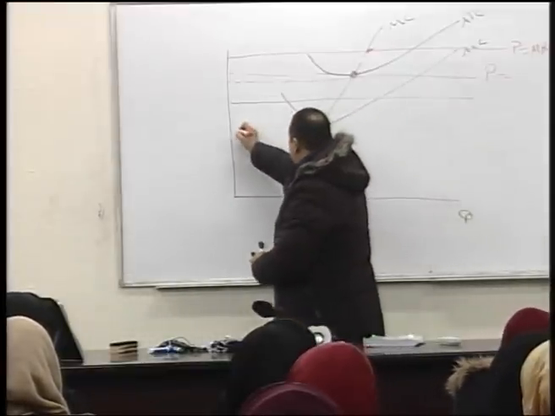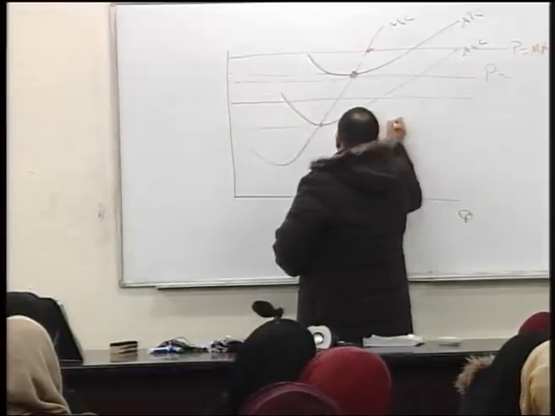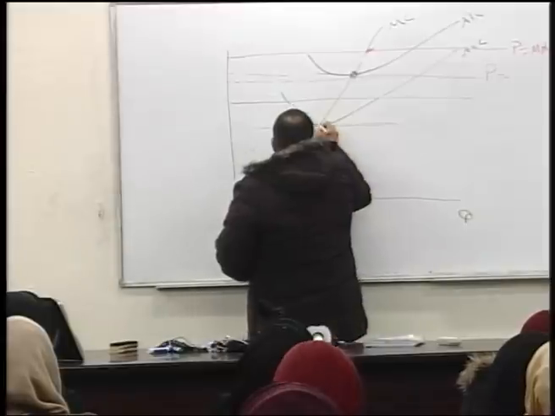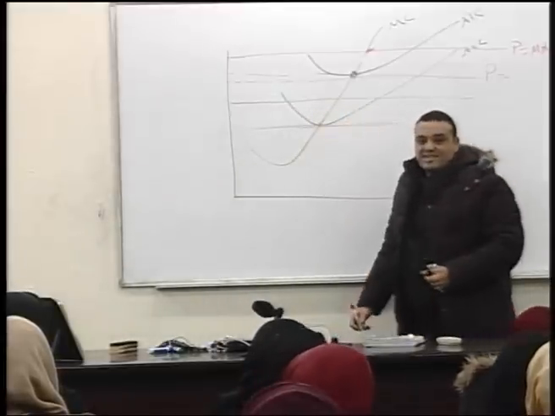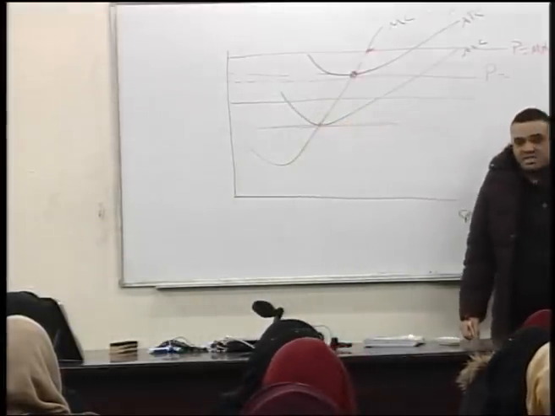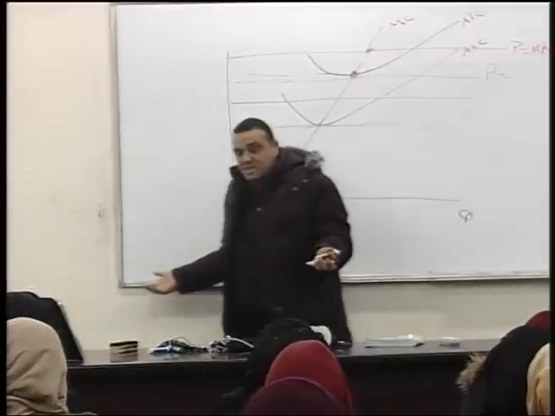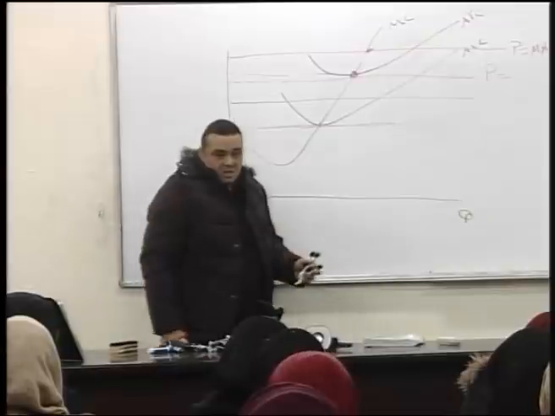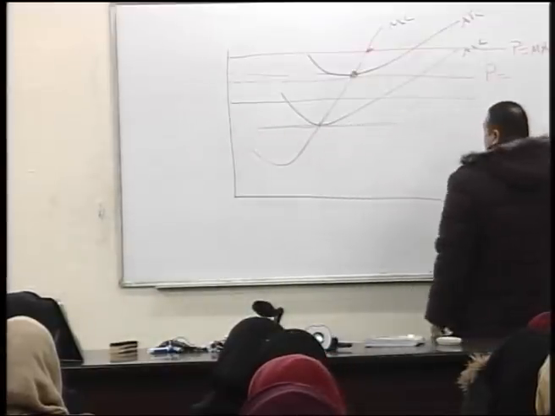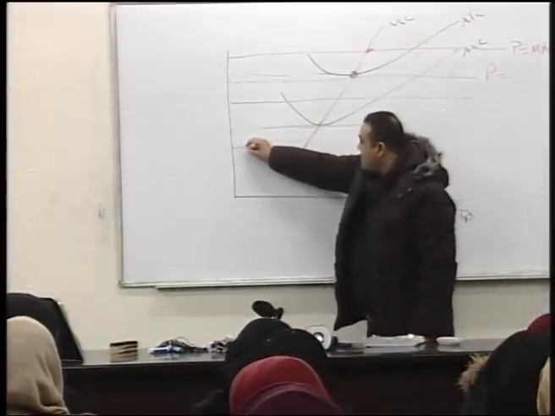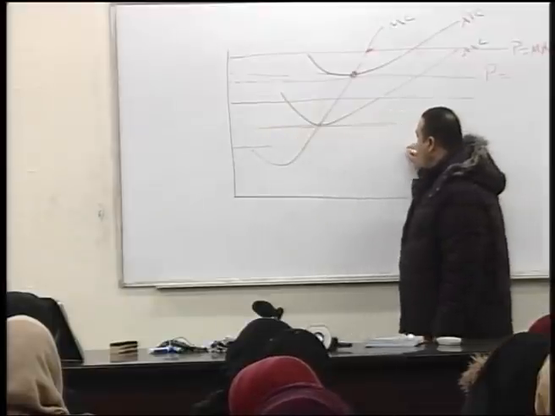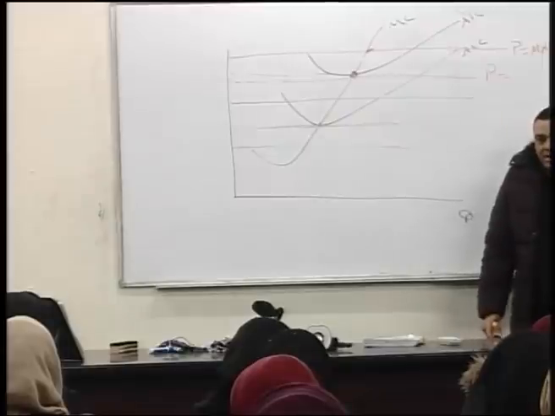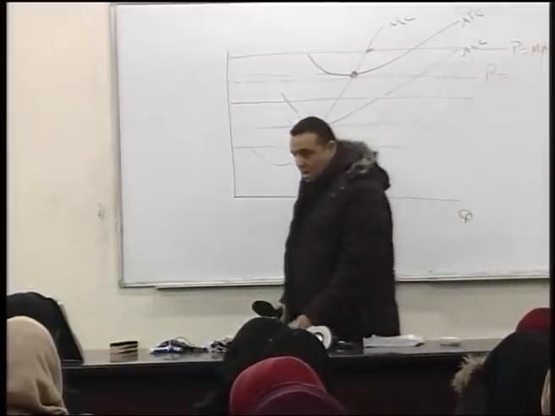If the price equals the minimum AVC, here is the shutdown point, which means the business is free to go on or to stop working. If the price is below AVC, here the business should shut down or close down, right?